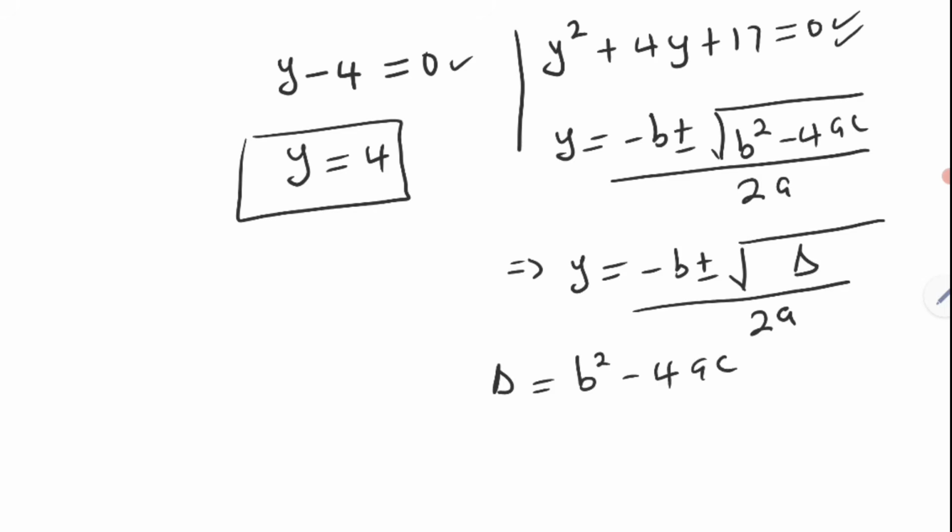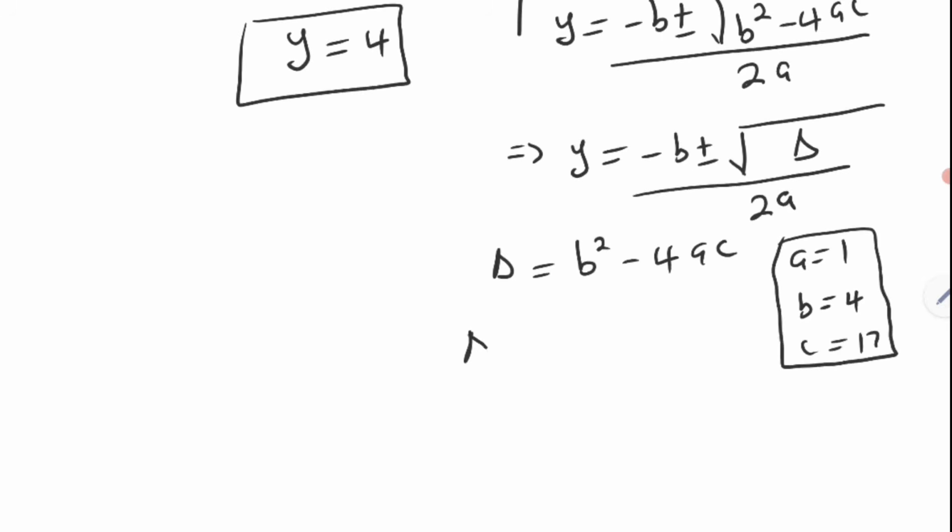From this equation, a is equal to 1, b is equal to 4, and c is equal to 17. Discriminant d is equal to b square, that is 4 square, minus 4 multiplied by a, which is 1, multiplied by c, which is 17.